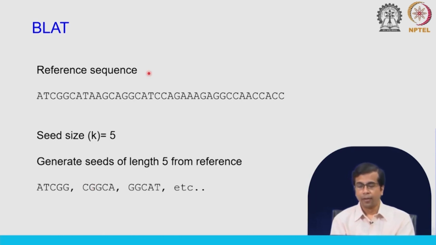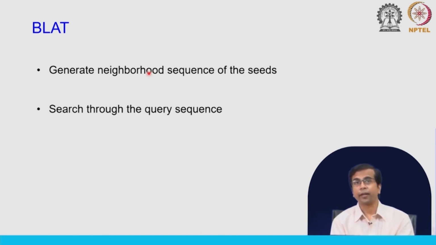Now, once you have found this, you can also generate neighborhood sequences of the seeds, considering all the variations, and then you can search through the query sequence. It is the reverse compared to what we have discussed before, BLAST. So, the whole process is reversed.